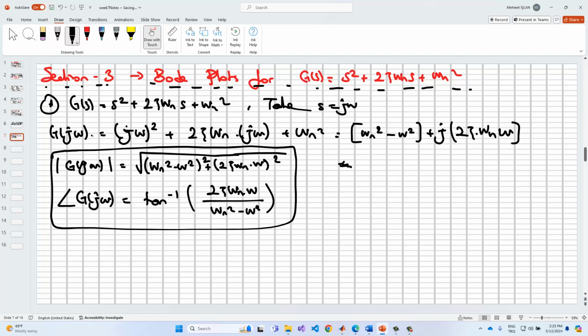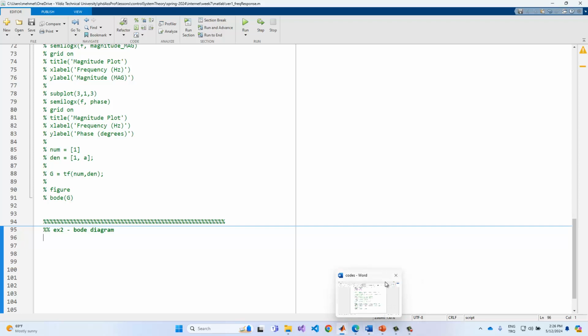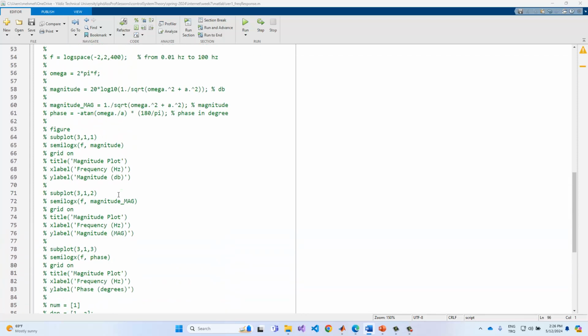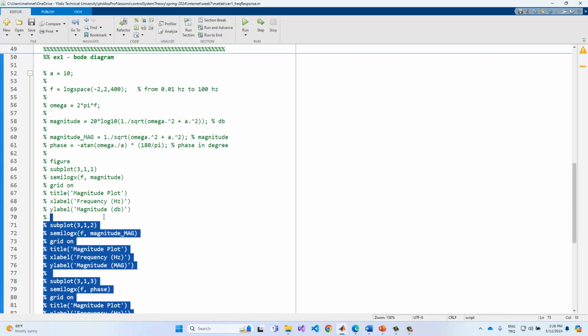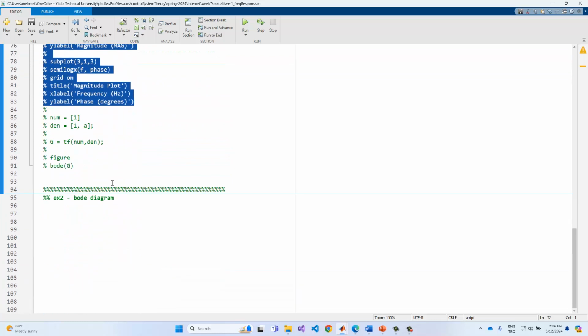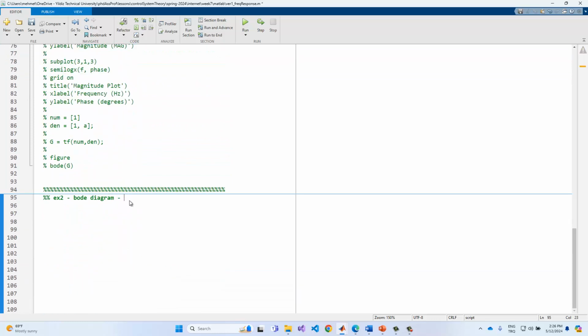And so how can we analyze this response based on the different frequency ranges in the Bode plots? We can write code in here just like this one. We can copy the whole of these things in here, but in this case the S² plus 2ζωn form.